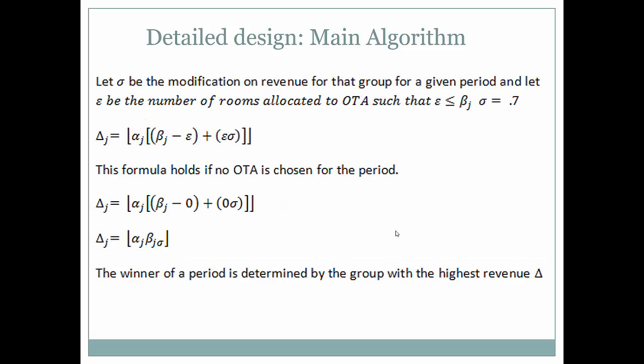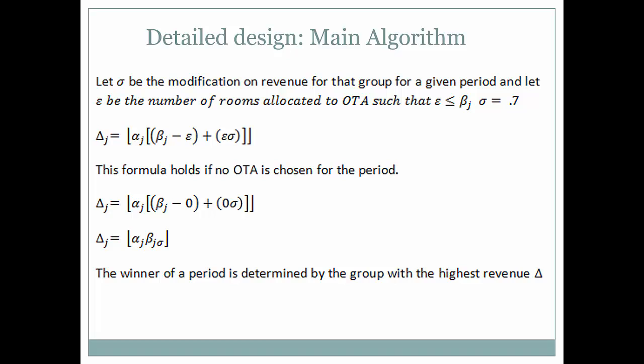So we'll go ahead here and we'll let rho be a modification on revenue for the group for a given period. This is for OTA allocations. OTA allocations are those like Expedia.com or hotels.com, which are basically third-party vendors, such that rho equals 0.7.